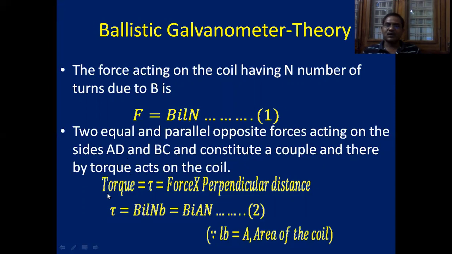Therefore, the torque is given by force into perpendicular distance. Any one of the forces BINL into the perpendicular distance, that is the breadth, equals BIAN, where L into B, length into breadth, equals the area of the coil A, substituted here.